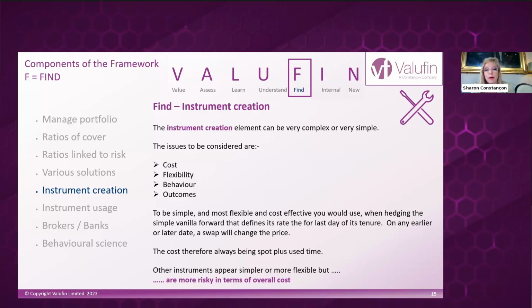And we see a lot of these complex instruments that all those elements start to come into play. But actually, if you look at it, the best way to manage foreign exchange is to stay with the two vanilla instruments only, spots and the vanilla forward. That way you manage the costs, you manage the duration, you manage the impact.